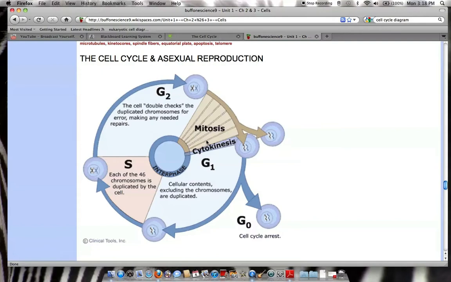This is basically referring to somatic cells because it says mitosis here. If it said meiosis, then this whole cell cycle would be occurring in your sex cells, the ovaries for women and the gametes for men.